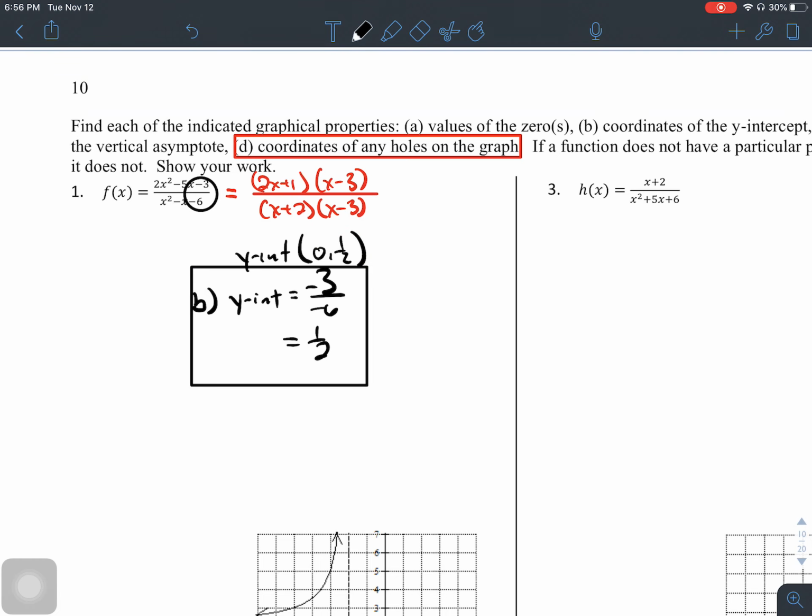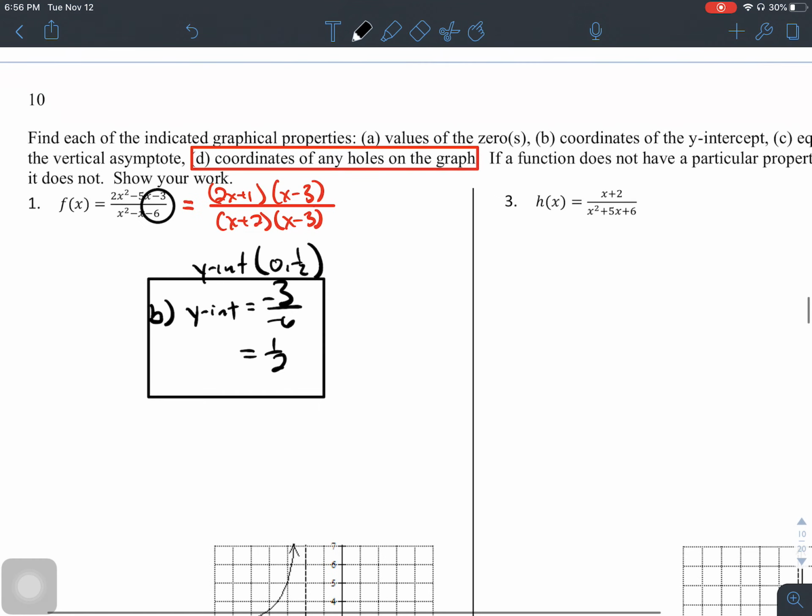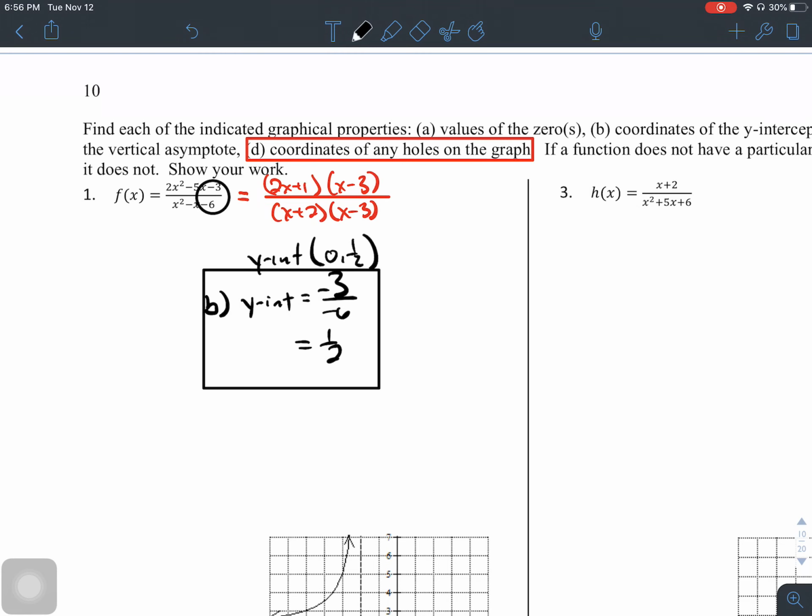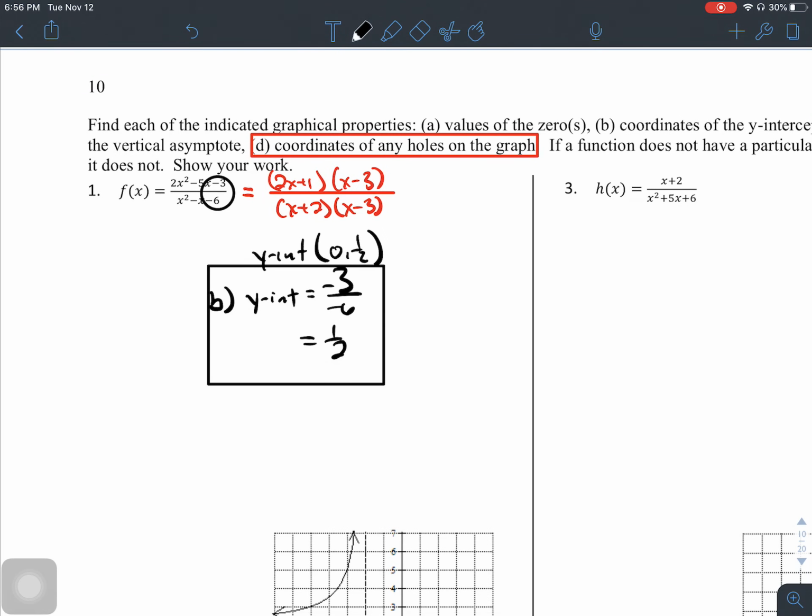Part A asks for the value of the zeros. The zero comes from a non-canceling factor in the numerator, and the only non-canceling factor in the numerator is 2x plus 1, which means that x is going to be negative 1/2. So a zero at x equals negative 1/2.